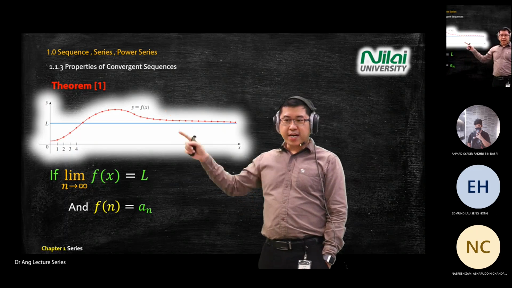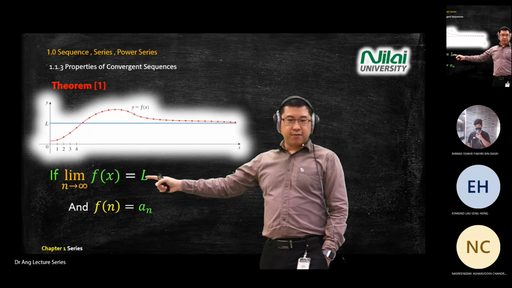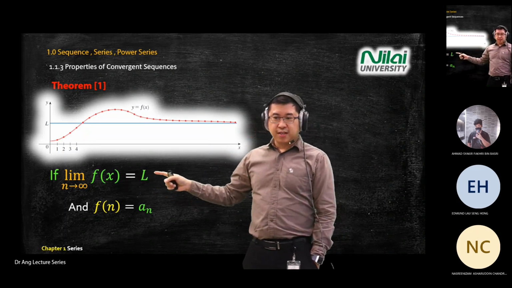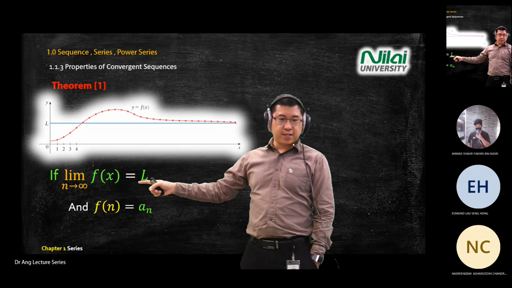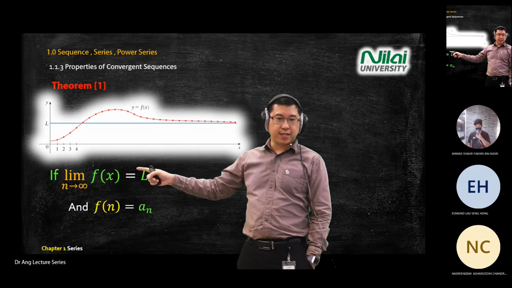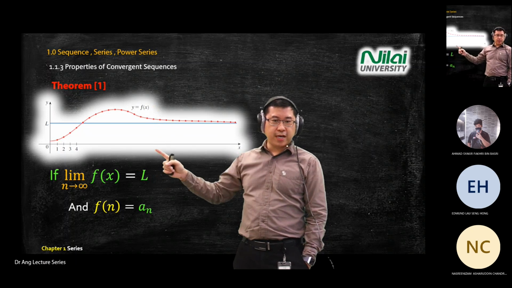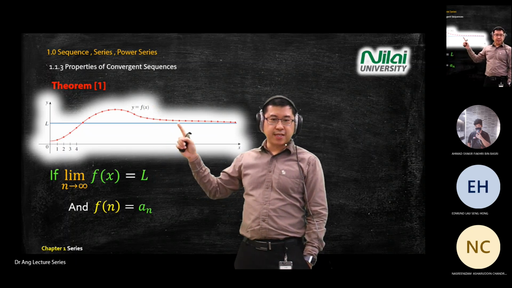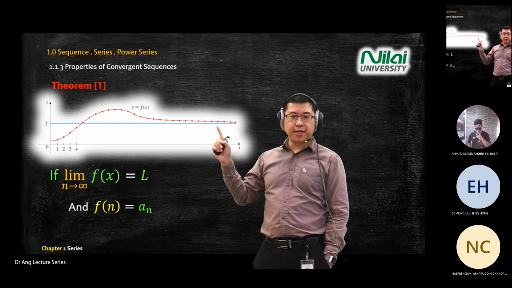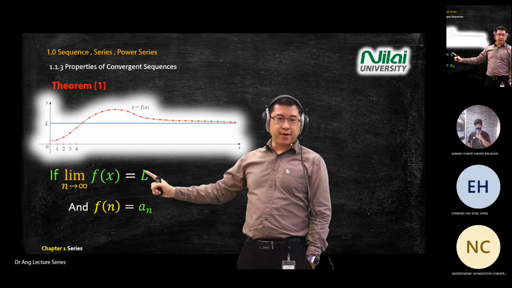For theorem one, or the truth number one: if you have a function f(x), or a set of data plotted as a function f(x), and no matter whether the data goes up or down, at the end it stabilizes at one number, in this case L, you write your L there.